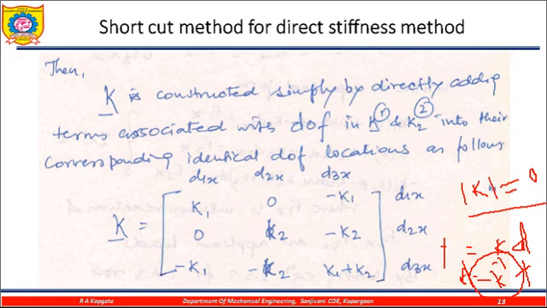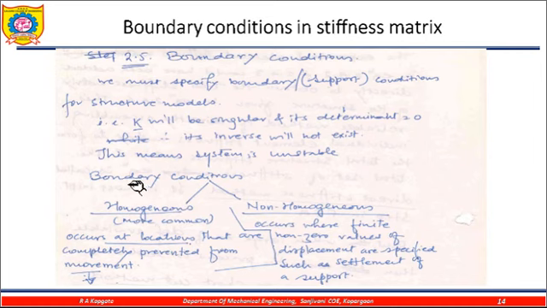There are two types of boundary conditions: homogeneous and non-homogeneous. What is homogeneous? When the movement at the locations is completely prevented, that is called homogeneous.